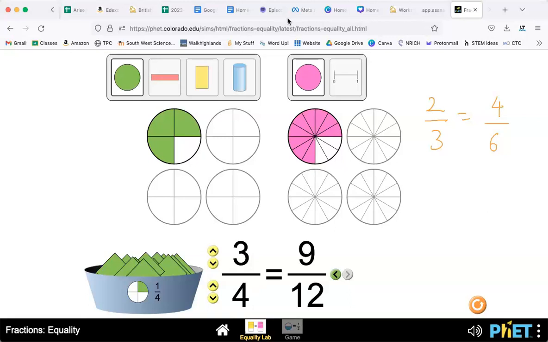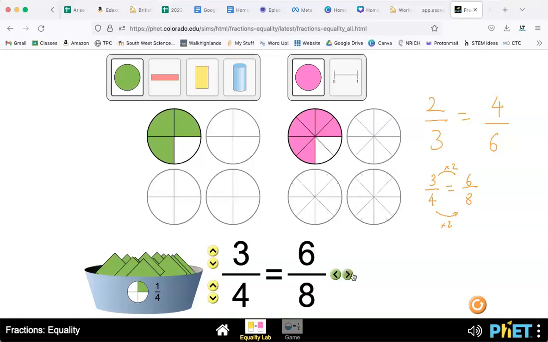So let's look at 3/4 to begin with. So we've got our 3/4. If we take this and multiply it by 2, 3 times 2 is 6. 4 times 2 is 8. 6/8, which was what we had here.